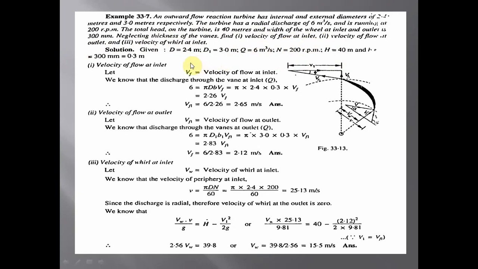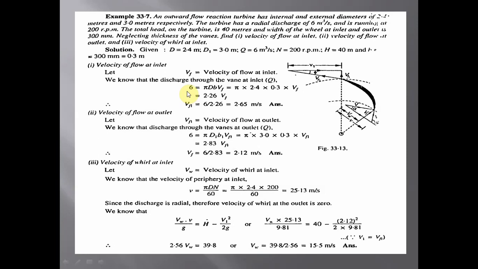So given diameter D is equal to 2.4 meters, D1 equal to 3 meters, Q is equal to 6 meters per second, N is equal to 200 rpm, H is equal to 40 meters, and width is 0.3 meters. Let Vf be the velocity of flow at inlet.